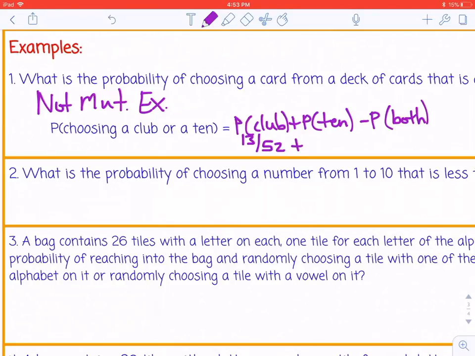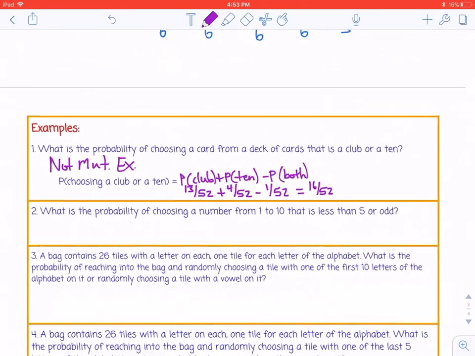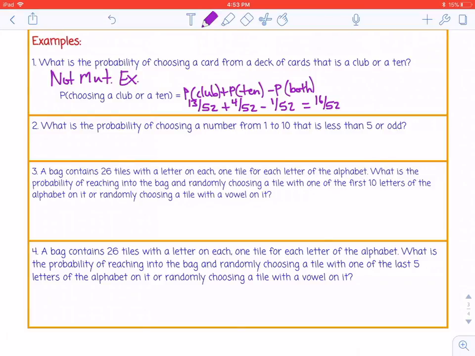The probability of getting a 10 would be 4 out of 52. And then we have one card that is both a club and a 10. So we need to subtract that card. Let me just put all that together. So 13 plus 4 minus 1 would be 16 out of 52. And so then we could reduce that number if we needed to, or get a percent.